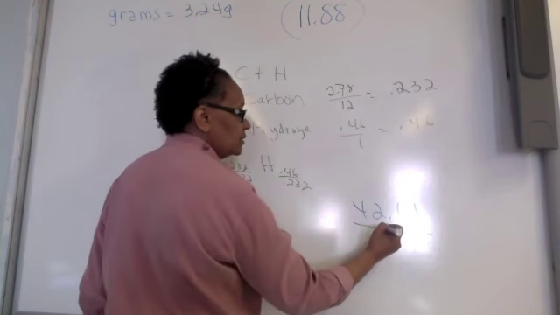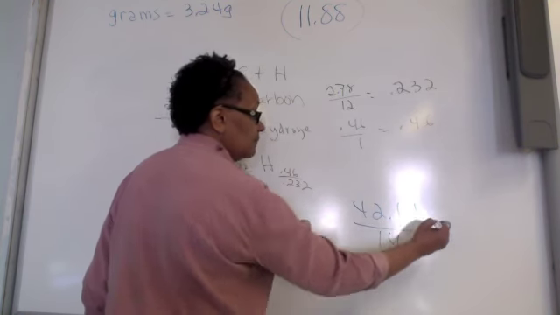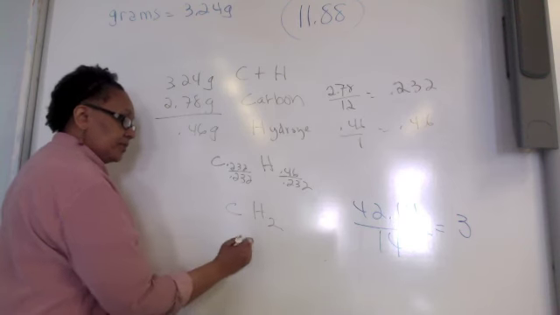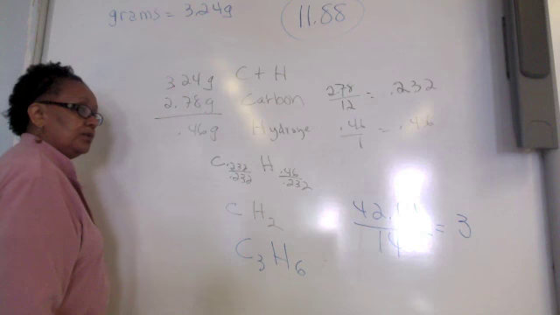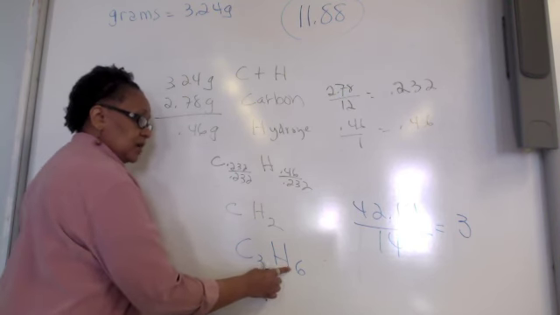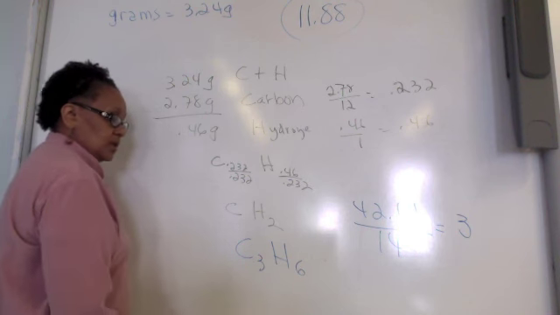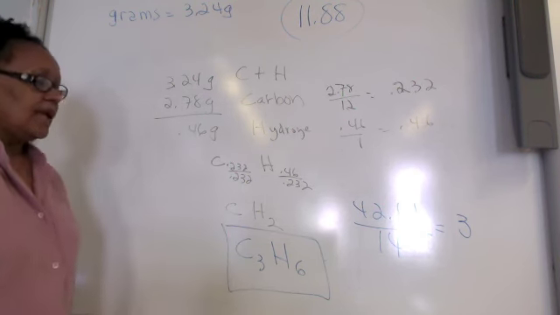We're going to divide 42 by 14. That gives us 3. And so we have to multiply each of these numbers by 3 to get the real formula. And we'll find that 12 times 3 plus 6 times 1 equals 42. And so the formula of this material is C3H6.